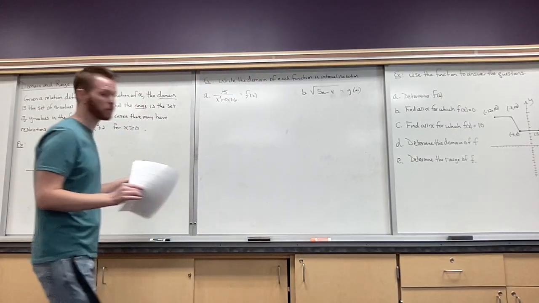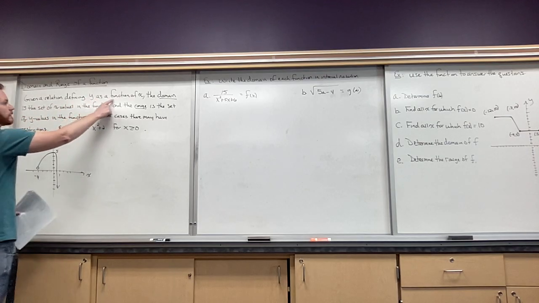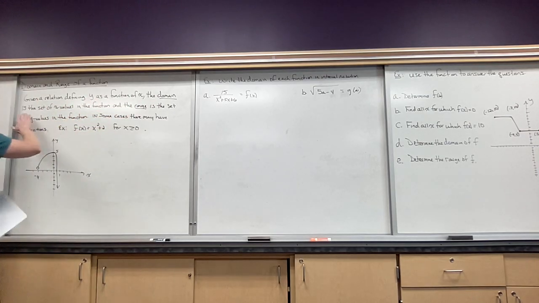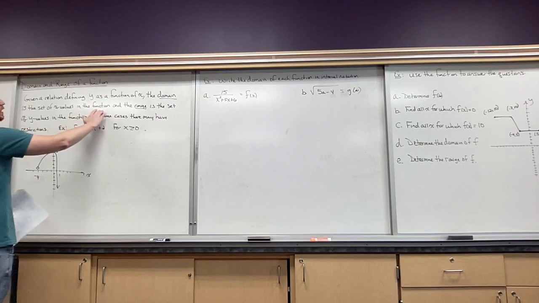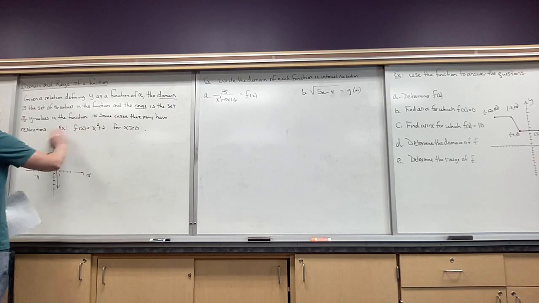So one of the things we're going to start talking about is domain and range of a function. It still follows the pattern of a domain and range of a relation. So given a relation defining y as a function of x, the domain is the set of x values in the function, and the range is the set of y values in the function. So again, nothing changing. In some cases, there may be restrictions.